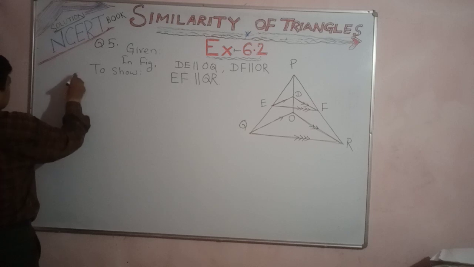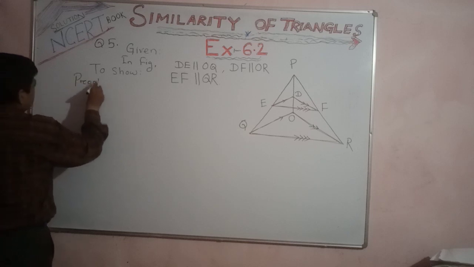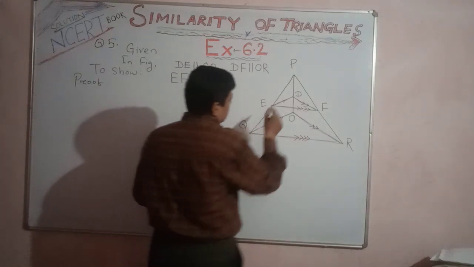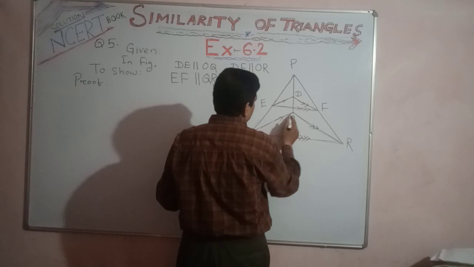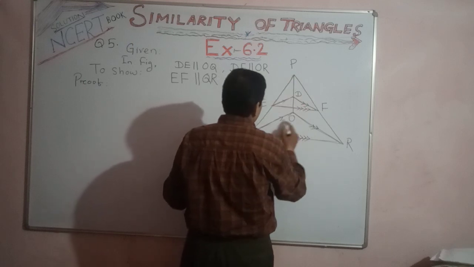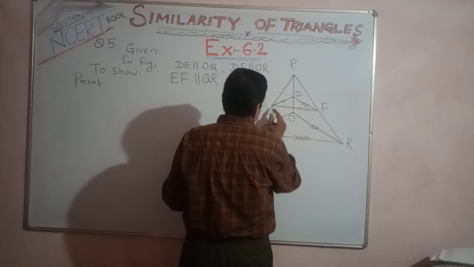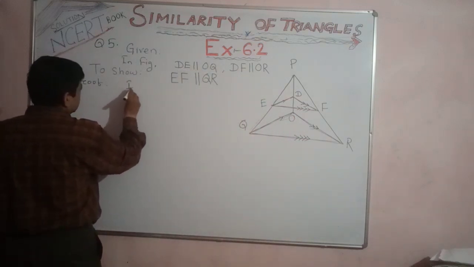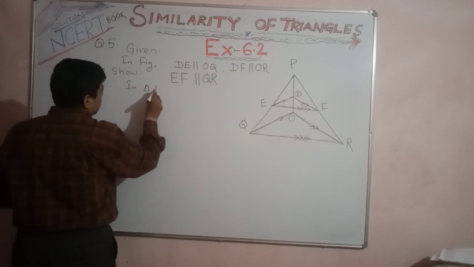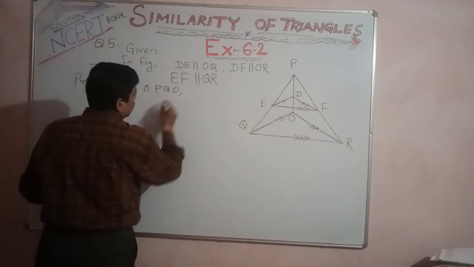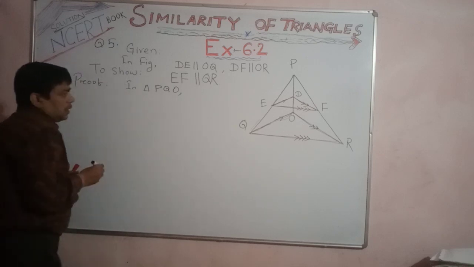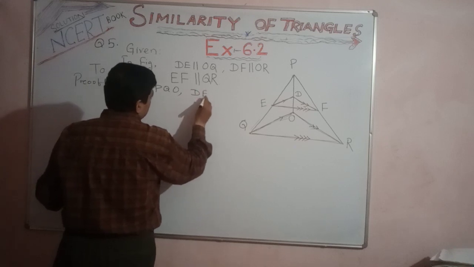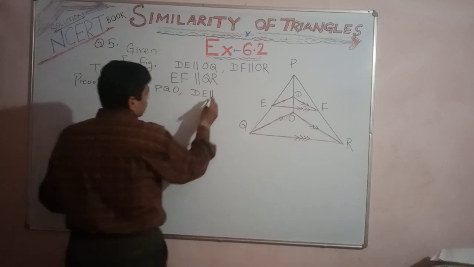And here, you see, in triangle PQO, DE is parallel to OQ, which is given.